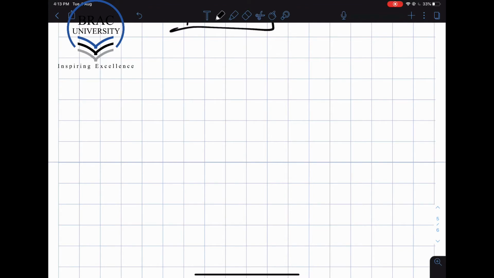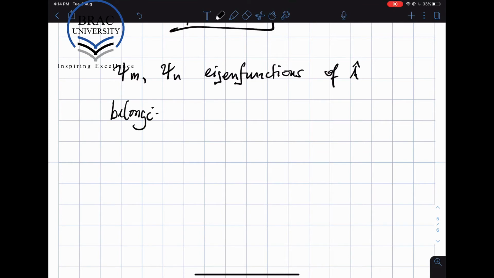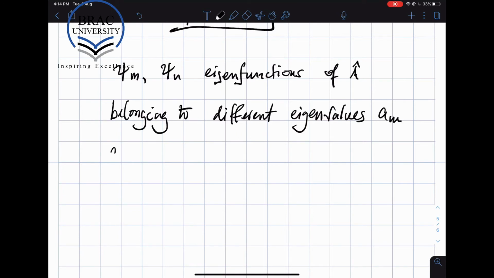Suppose that we have two different eigenfunctions, psi m and psi n, eigenfunctions of the operator A belonging to different eigenvalues a_m and a_n respectively. Then they are orthogonal, which means that if I take the inner product between psi m and psi n, that's going to be 0.